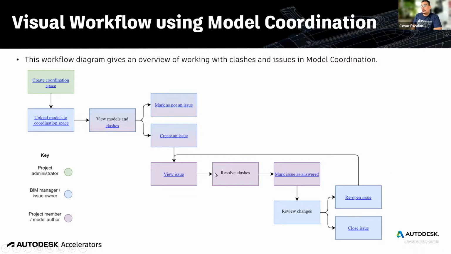The person receives an email with a location in the plan with a hyperlink that identifies the location of the issue, and it's their responsibility to solve the clash or address the issue. Once the issue is resolved, the model is republished to demonstrate that there's no longer a physical interference. The issue is marked as resolved.